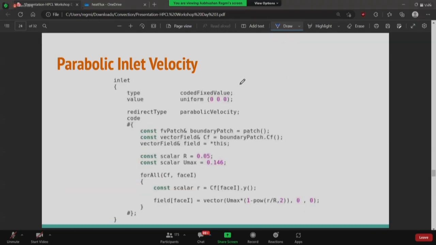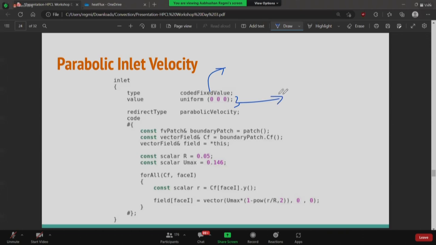And this is the code to give parabolic inlet velocity. Let me see what is happening here. Previously, there would be an inlet, the type would be fixed value, and the value would be uniform with some value. But now we have to code it, so we are using coded fixed value. As the type, we give coded fixed value, and for the value we give uniform (0 0 0).